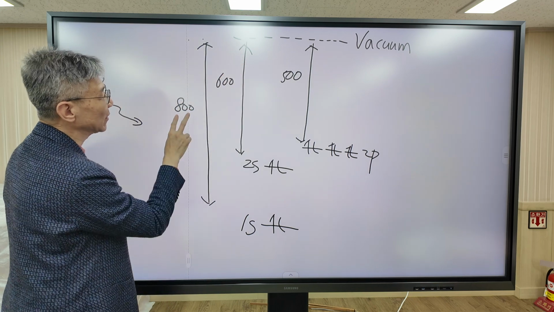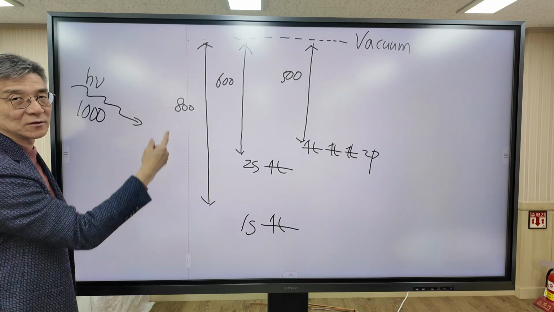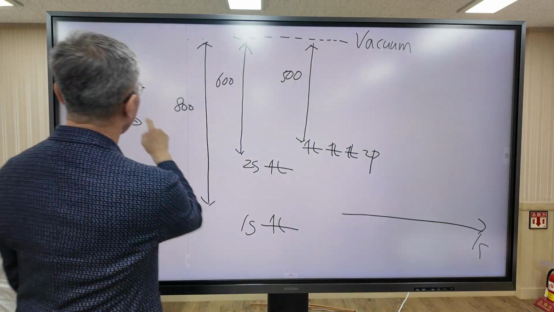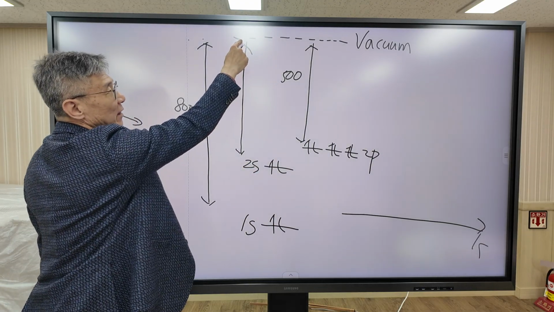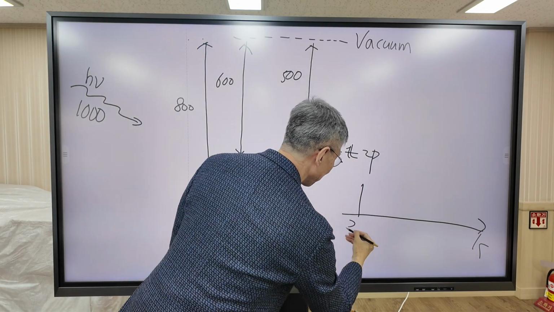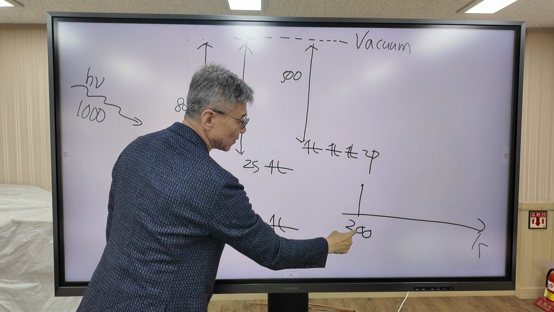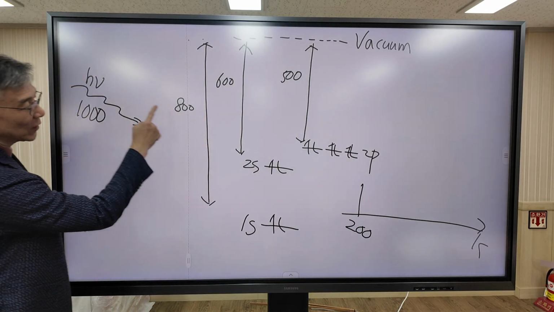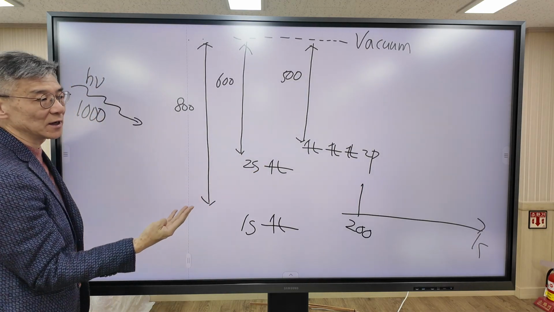So the remaining 200 units is carried away as kinetic energy of the electron. When the light hits the 1s electron, it goes to the vacuum state and carries kinetic energy of 200 units. When the light hits the 2s electron, it carries 400 units of kinetic energy.